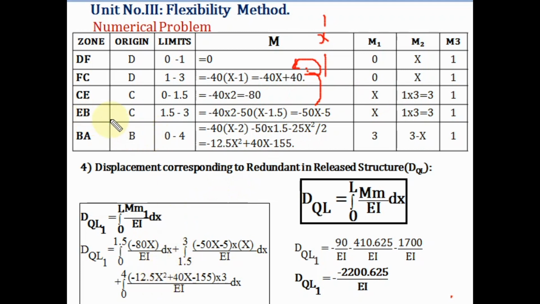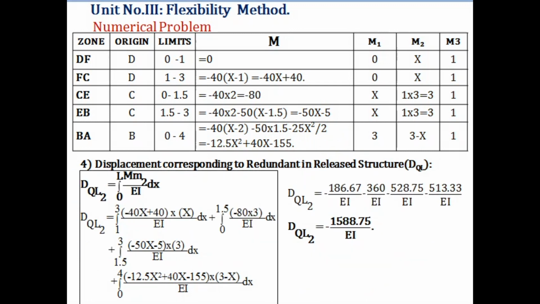For EB it is limit 1.5 to 3, minus 50x minus 5 into x, and for BA limit 0 to 4, minus 12.5 x square plus 40x minus 155 into 3. After solving this, we'll get the value of dQL1 equal to minus 2200.625 upon EI. Okay. So after calculating dQL1, we'll calculate dQL2.